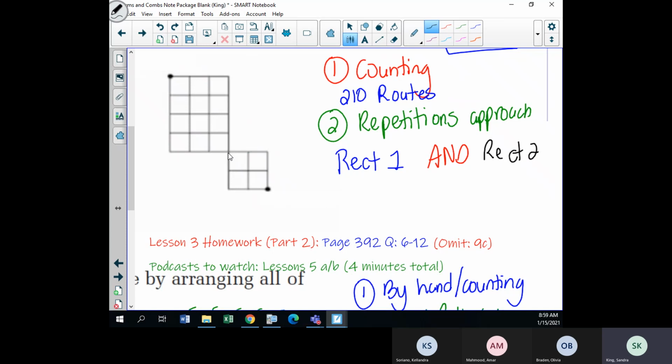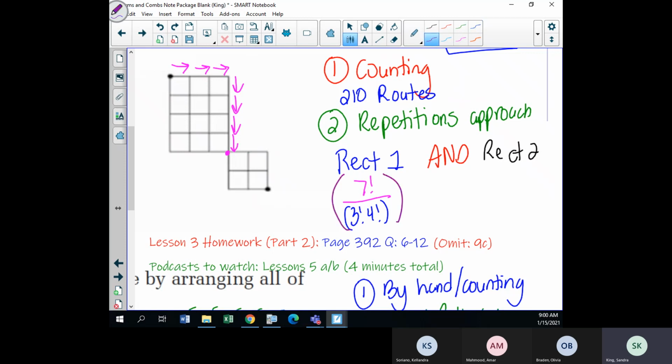So you would say, okay, 1, 2, 3, 4, 5, 6, 7 different movements to get from here to here. So you'd say 7 factorial. Then you would take care of the repeats, and the repeats are 3 factorial and 4 factorial in the denominator. You would figure out what rectangle 1 is, and the answer that you should get would be that 35, right? So you should get 35 here.